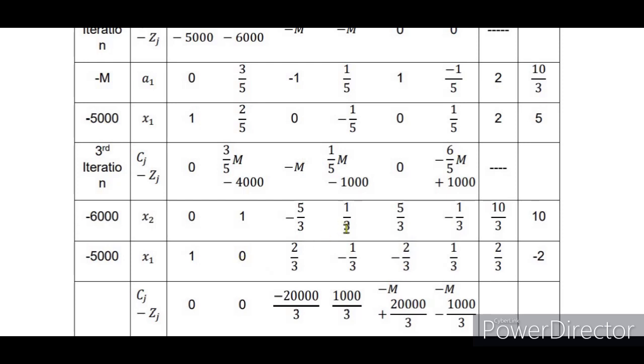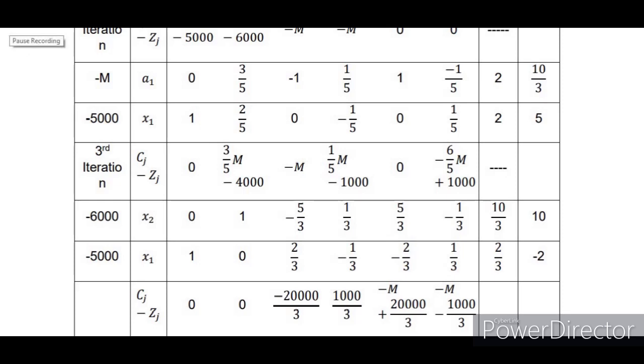Okay? So next, in the column of x sub 4, negative 6,000 times 1 thirds is equal to negative 2,000. Negative 5,000 times negative 1 thirds is equal to positive 5,000 over 3. So now, negative 2,000 plus 5,000 over 3 is equal to negative 1,000 over 3.